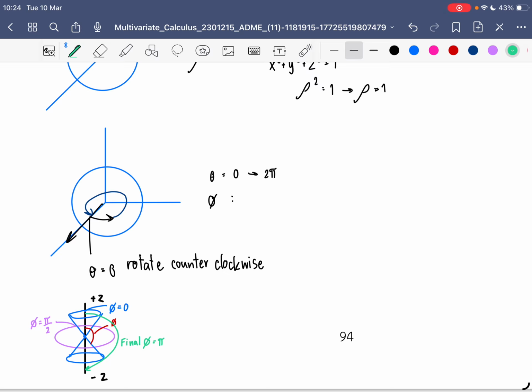So x squared plus y squared plus z squared, that's rho squared, right? This is your rho squared to the 3 over 2. Of course, don't forget the extra factor, rho squared sine phi.